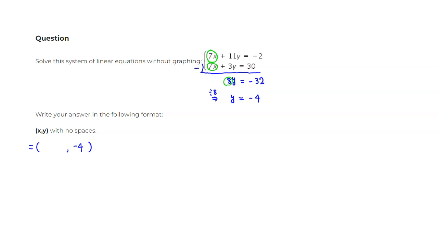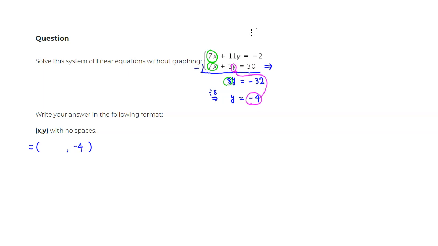Now all we have to do is find the value of x. So we can pick either of the first two equations. Just pick the easier one. I like the bottom one, but it really doesn't matter. So I'm going to pick the second equation, and I'm going to plug this y value, negative 4, into it.